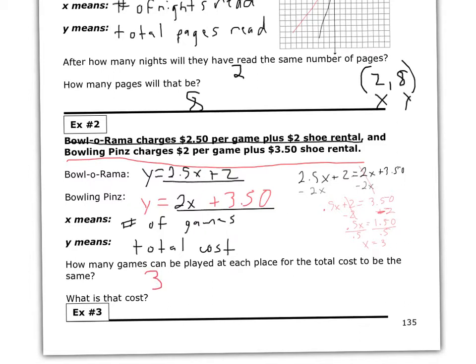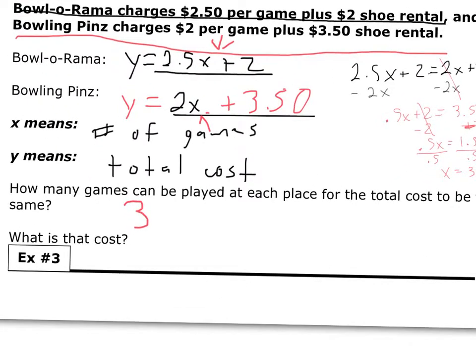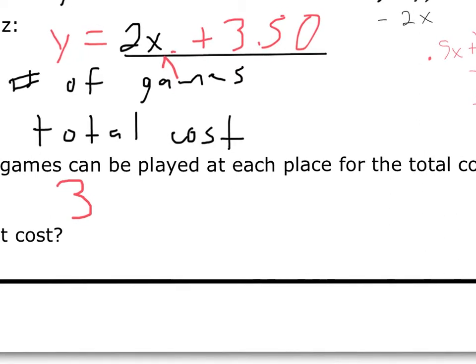Okay, now we need to figure out what the total cost would be. So we now can plug in our 3 for x in either of our equations. It doesn't matter, but I'm going to choose the bottom one. Okay, so we have 2 times x plus $3.50, but instead of x, I'm going to put a 3. So we have 2 times 3 plus $3.50.